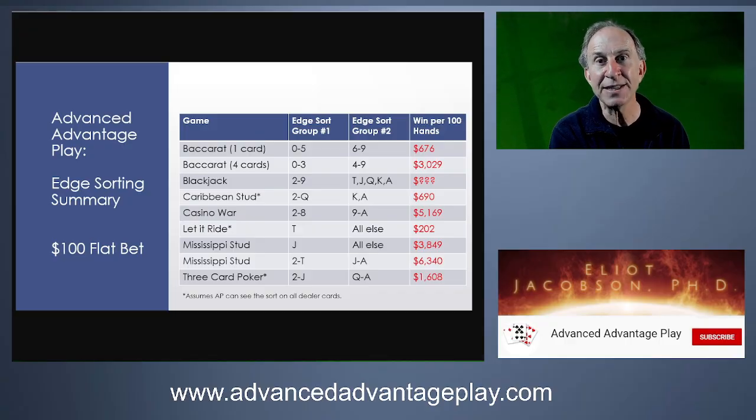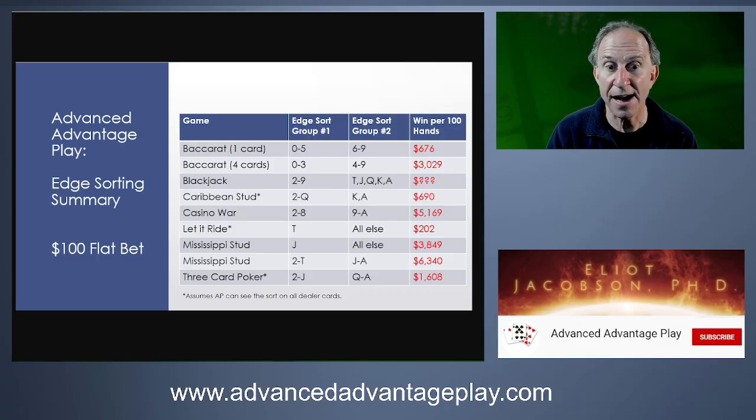So what this really tells you is that somebody who wanted to cheat the game of Mississippi Stud, all they really need to do is to mark the jacks, right? If they just mark the jacks and nothing else, just those four cards with a little daub or a bend a corner or nick it with a chip or whatever, they're making almost $4,000 per 100 hands with a $100 bet. It's that easy, right? It really, truly is that easy.